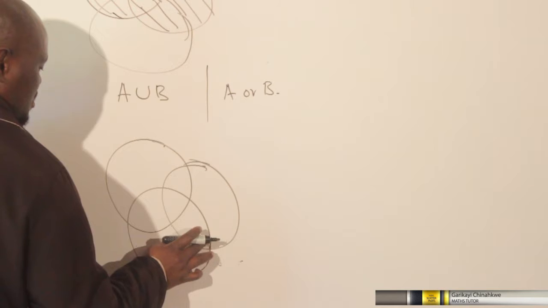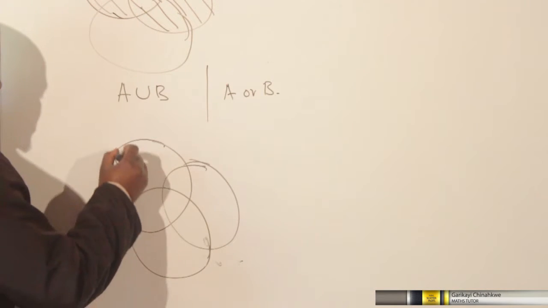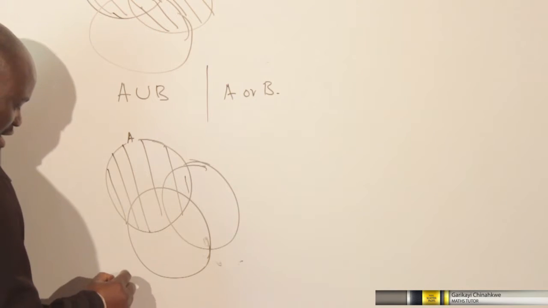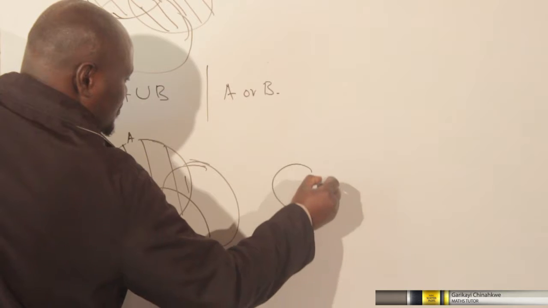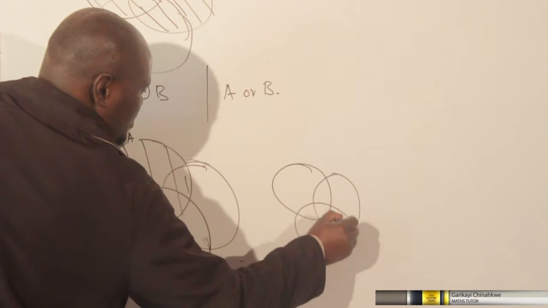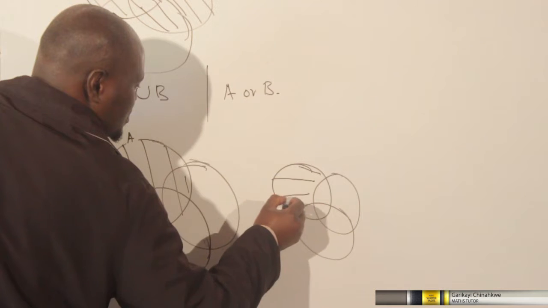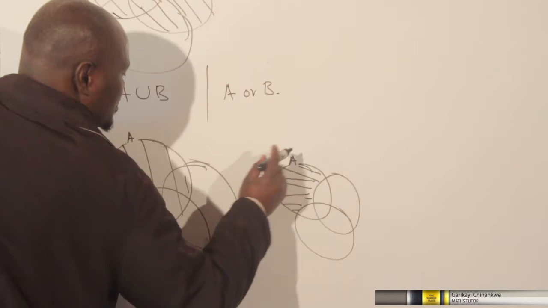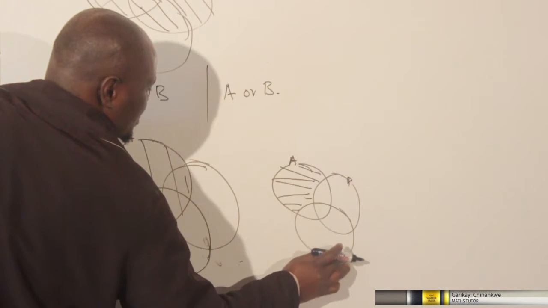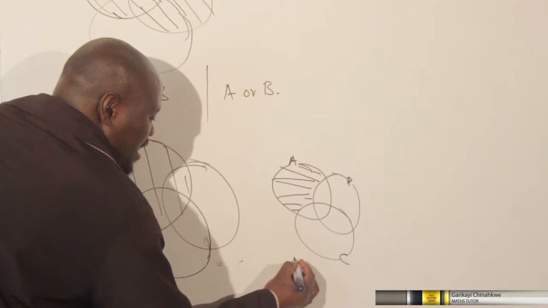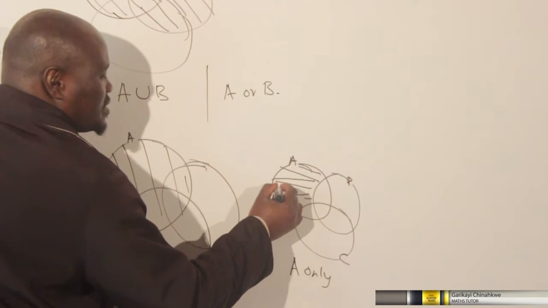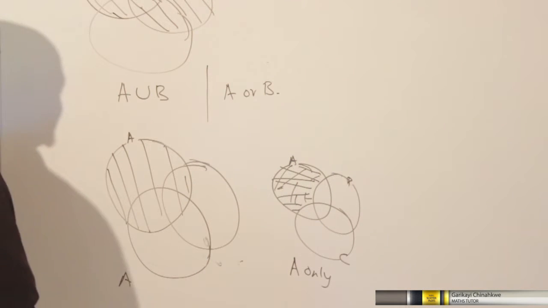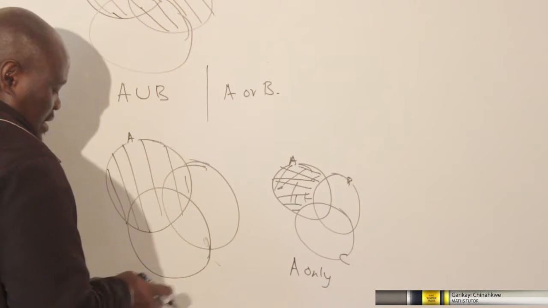I told you that if you shade this one, this is A. This is just A. And if it is like this, this is A, and then this is B, and then this is C. So this one is A only. So the shaded part only includes A only. It doesn't include other parts. It's A only. Then this is A.